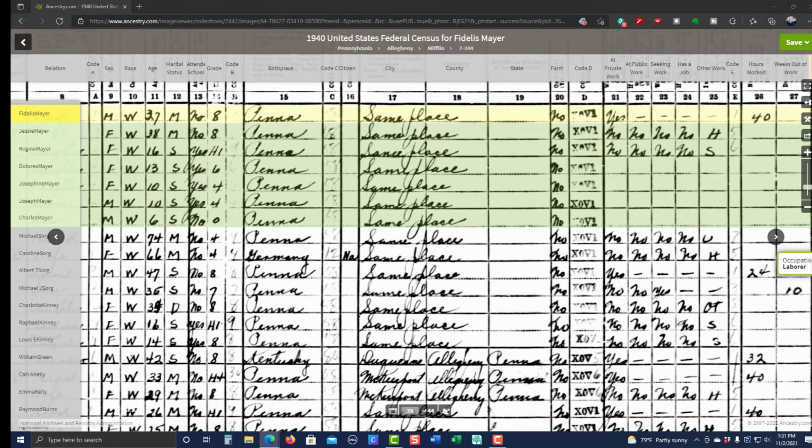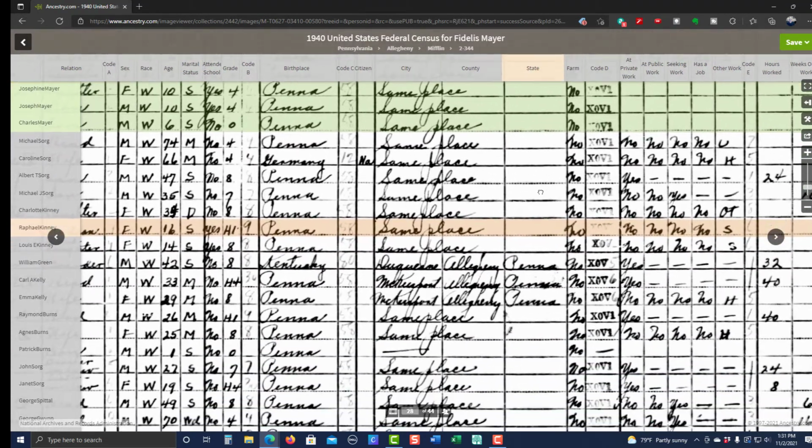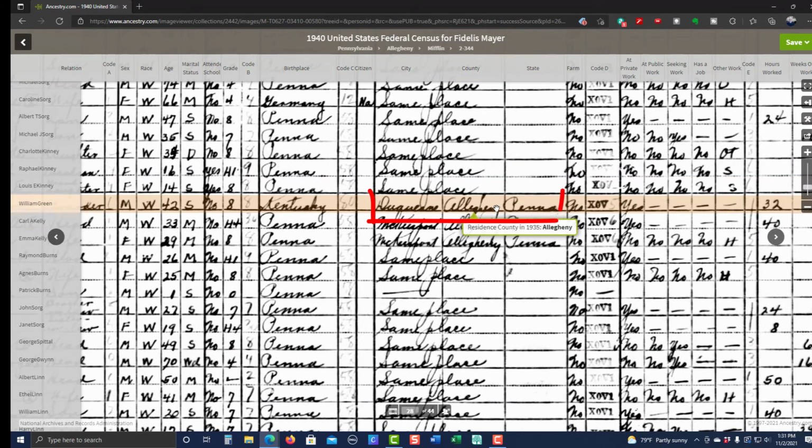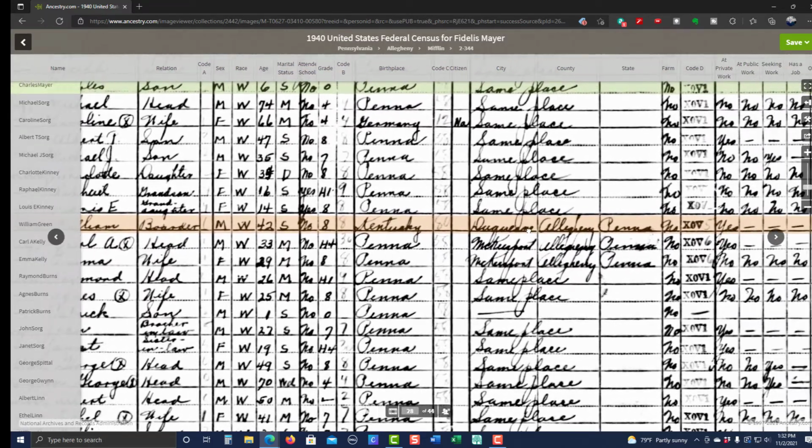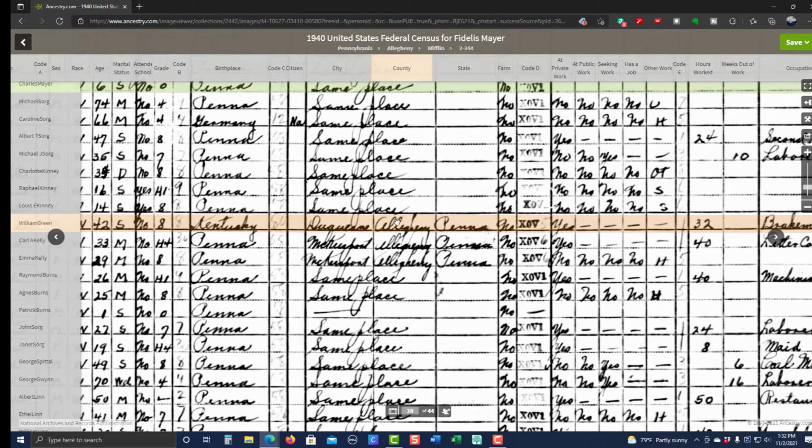So in this case, it says the same place. But if it's different, we'll go down here and look at William Green. He is a boarder in the Sorg household. He was originally born in Kentucky. And in 1935, he was living in the town of Duquesne, which is very close to this location, and it's in the same county, Allegheny County in Pennsylvania.